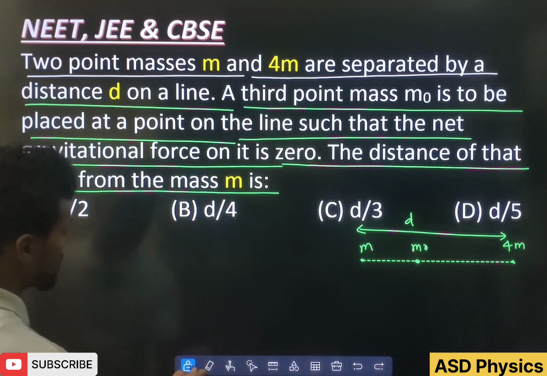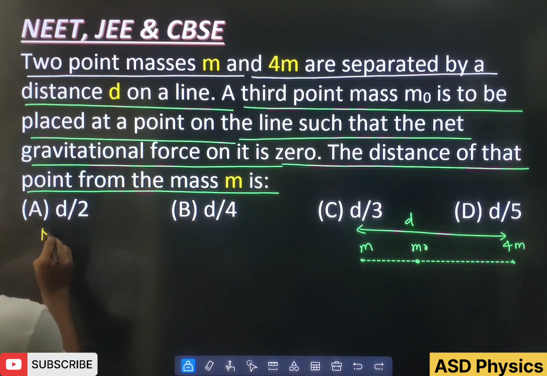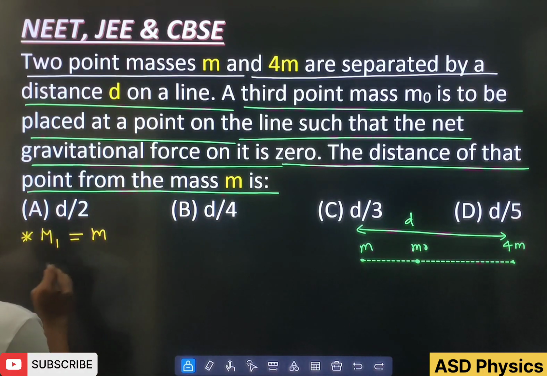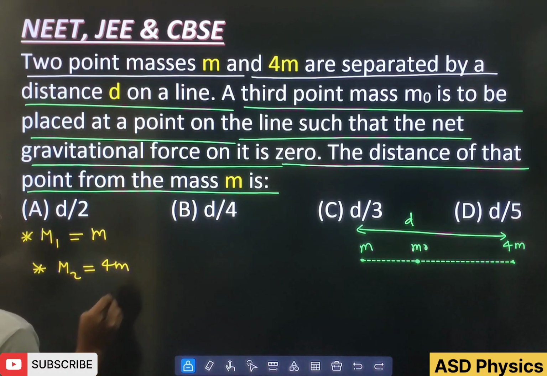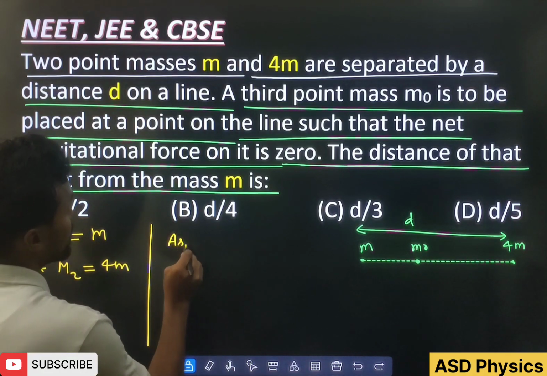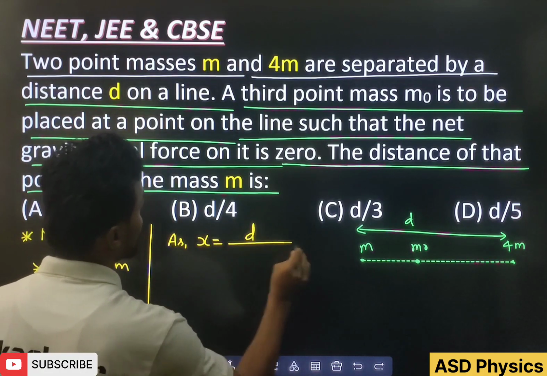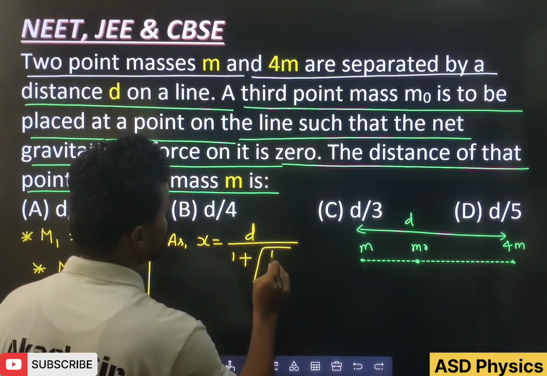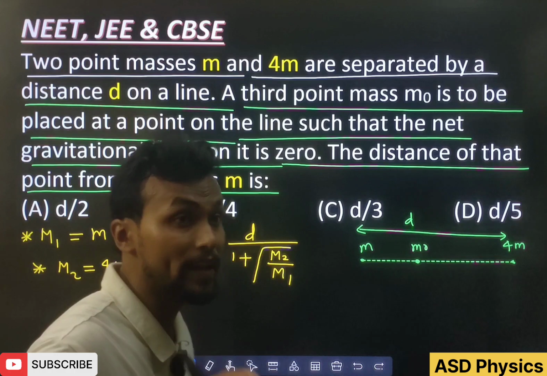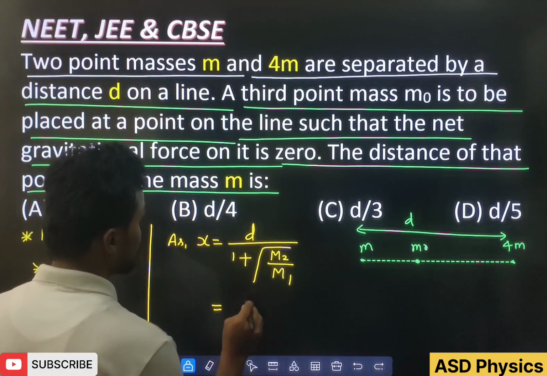They are asking the distance from m, so I will take this m as m1, so m1 is m, and m2 will be 4m. Now if I use the formula we know, x equals d by 1 plus root m2 by m1, as we are seeing the distance from m1.